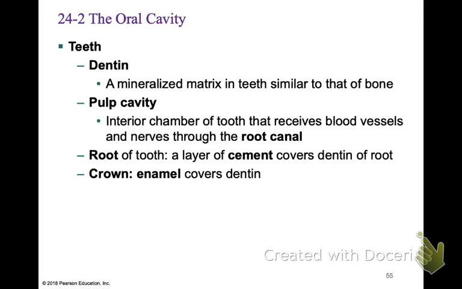All right, a little bit on teeth. I don't test you a lot over teeth. You need to know the four layers: the dentin, the pulp, the root, the cement, and the crown. So dentin and pulp go from root all the way to crown. The root, of course, is the part that anchors the tooth into the jaw, and the crown is the part that projects up.